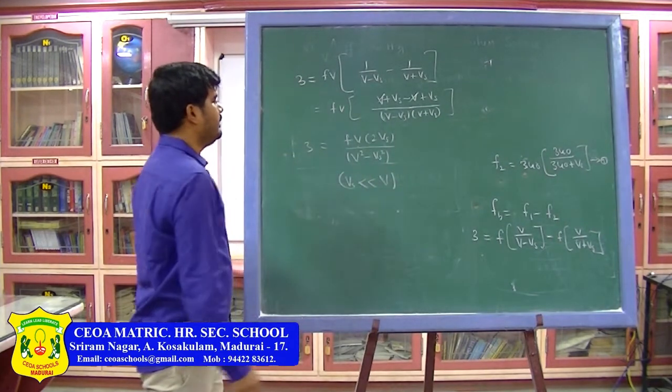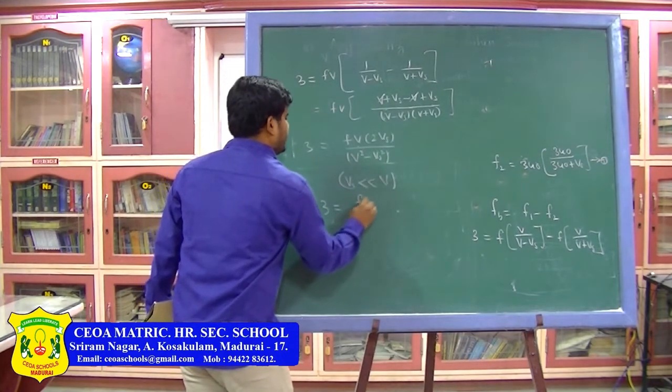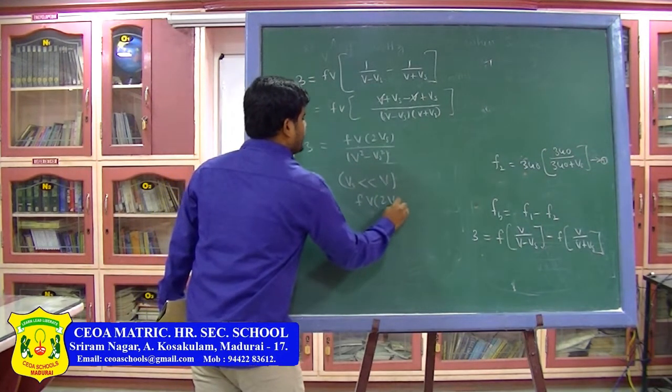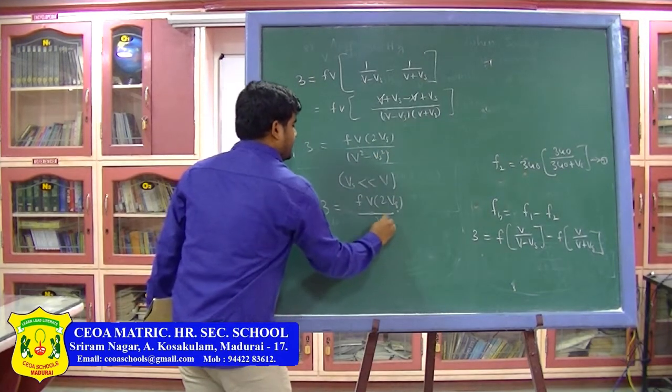Now, neglecting Vs square, you can get 3 is equal to F into V into 2Vs divided by V square.